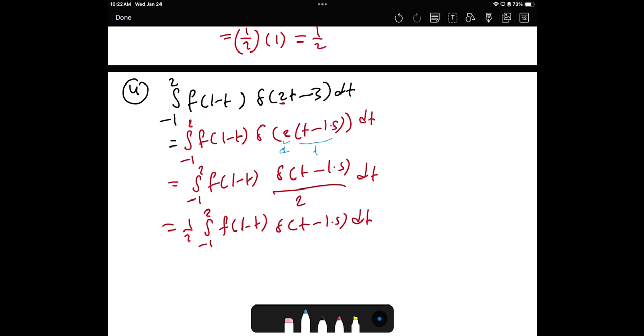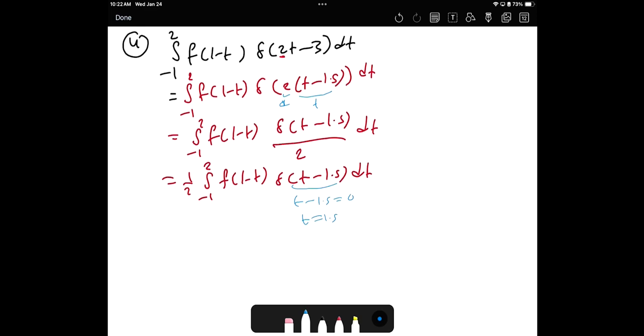Now I'm ready to use the integral, which is here t minus 1.5 equals 0, therefore t equals 1.5. Now the concern is we cannot say directly it is f of, for example, 1 minus 1.5. We need to check the limits. Look at the limits here, -1 and 2, and we have 1.5.